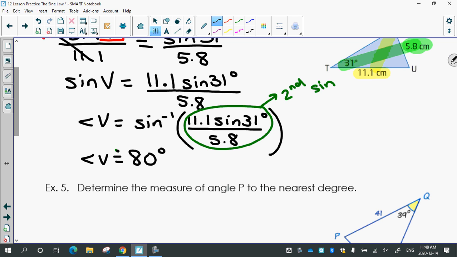So you have to do everything in the brackets and then second sine. And here you should have written sine inverse. So here you just start out with second sine, and then 11.1 times sine 31, close up one bracket.